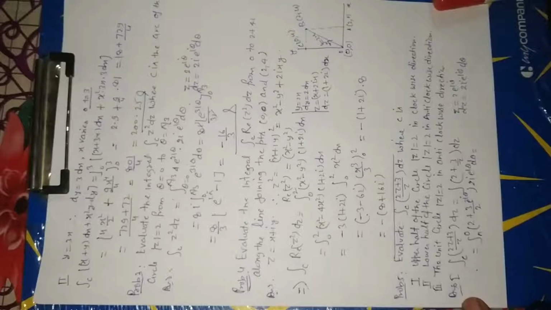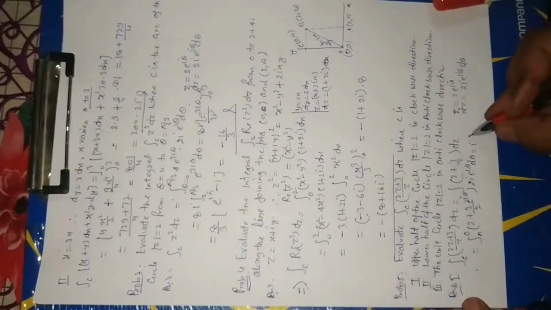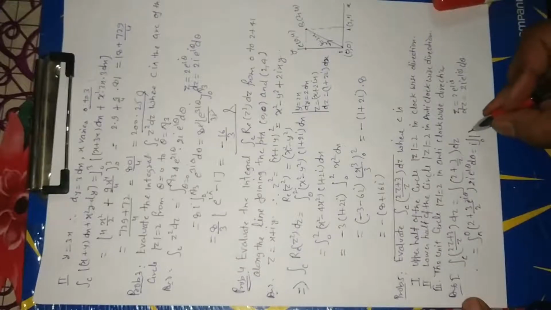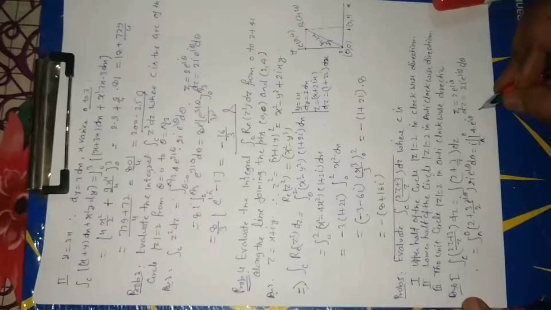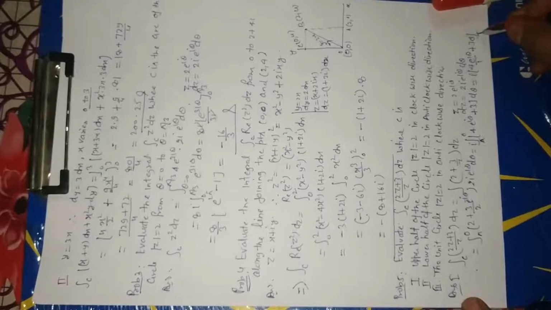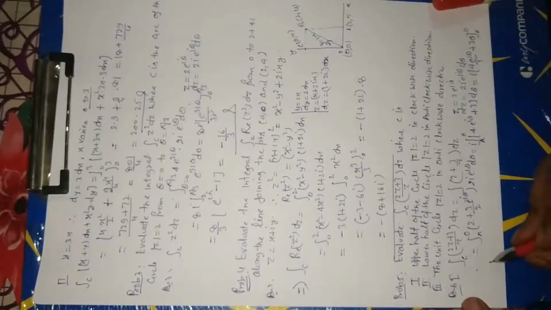Taking i common, now 2 multiplied, integration pi to 0, (4e to the power i theta plus 3) d theta. This is equal to i times 4e to the power i theta upon i plus 3 theta, now pi to 0.